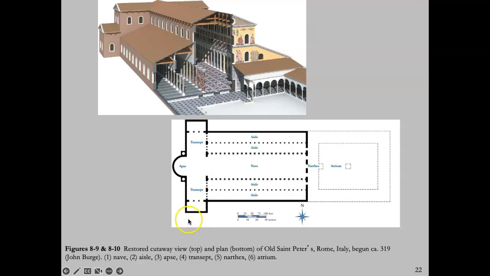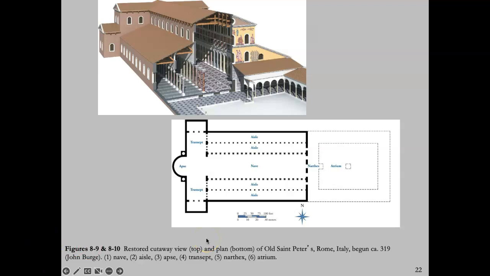Some churches later on, and here we see this also in St. Peter's, would have something called a transept, which is an arm that basically crosses through the nave and gives a nice symbolic structure to the plan of the building because, of course, it looks like a crucifix.